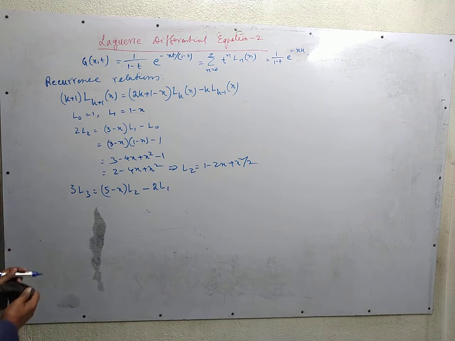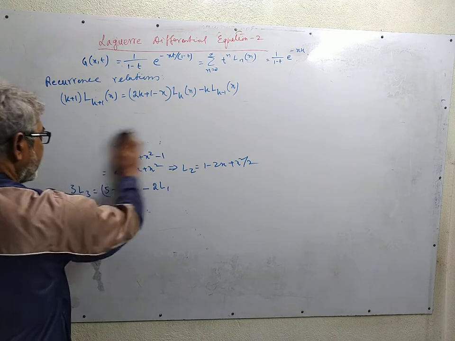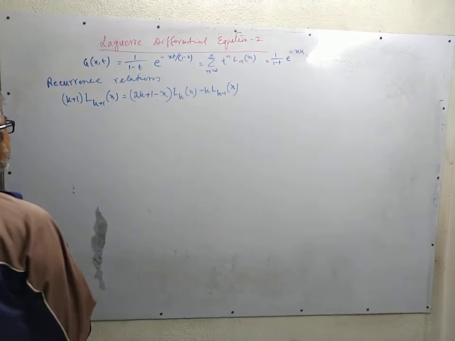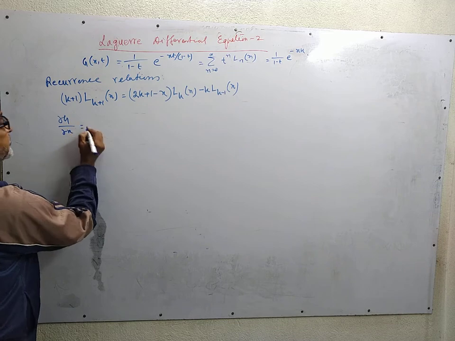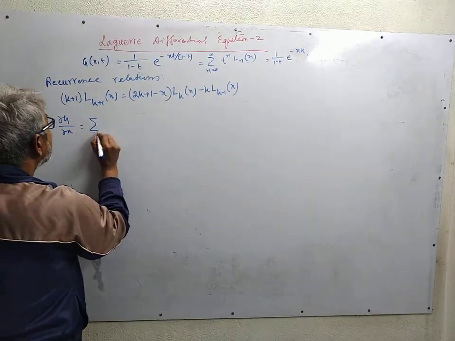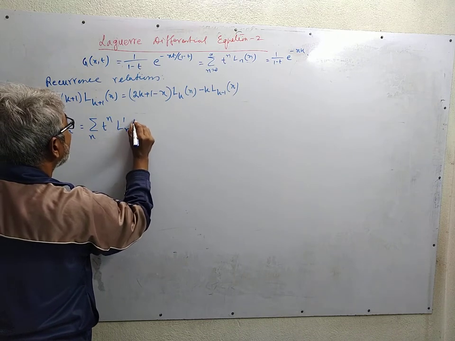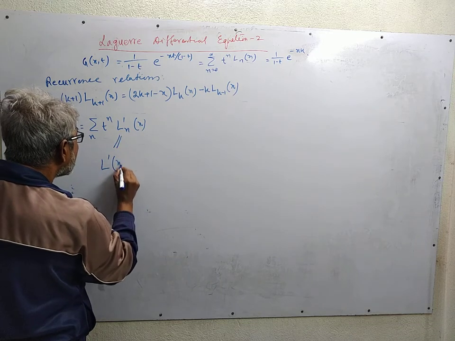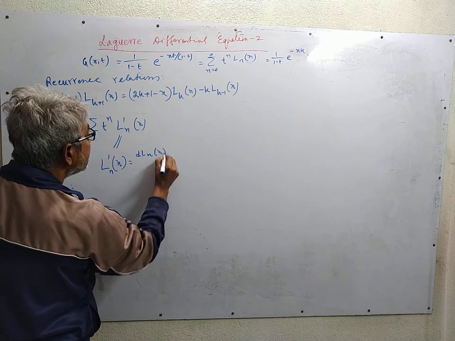Now I am going to the other recurrence relation that can be obtained by differentiating this relation partially with respect to the argument. So del g del x gives you from this part summation over n of t to the n ln prime of x. Actually ln prime of x stands for d ln of x by dx.